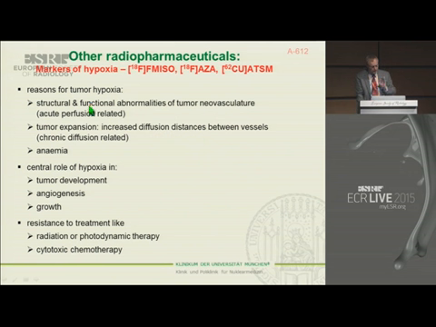So these are the reasons for the tumor hypoxia besides the anemia. And tumor hypoxia is attributed a central role in tumor development, angiogenesis, and growth. And it results in resistance to treatment like radiation and photodynamic therapy, and also cytotoxic chemotherapy.